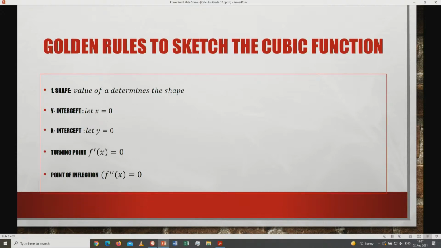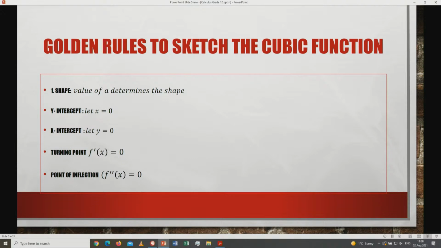Now, what you need to do when sketching a cubic function, I normally call the golden rules to sketch the cubic function. Number 1, shape is very important, learners. You need to determine the Y-intercept.